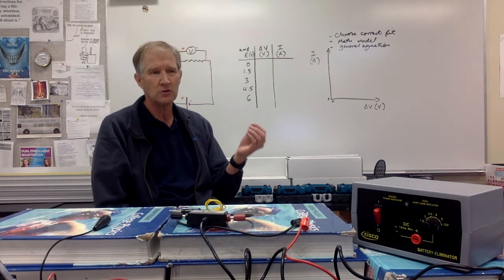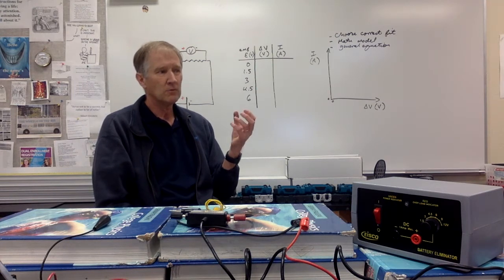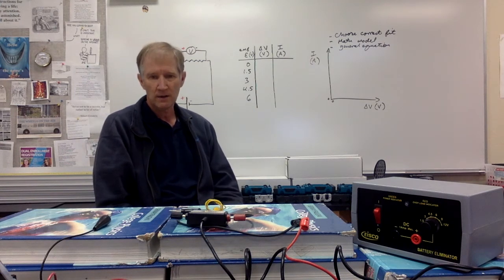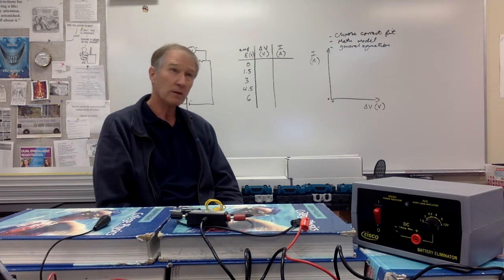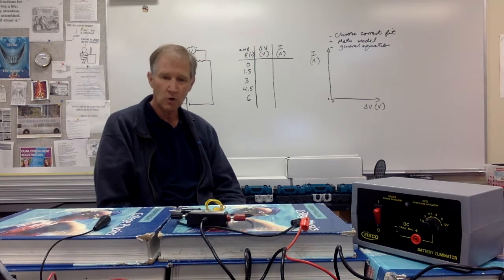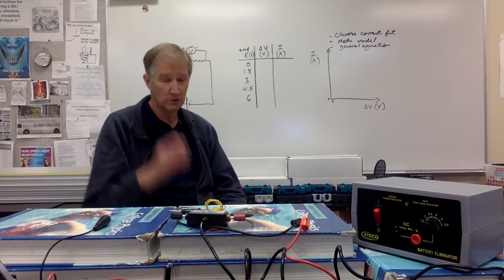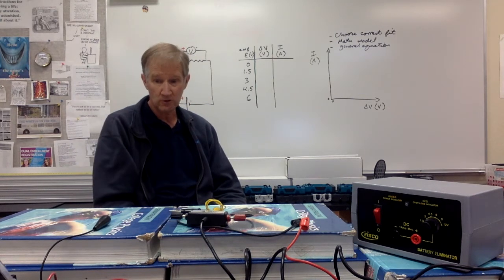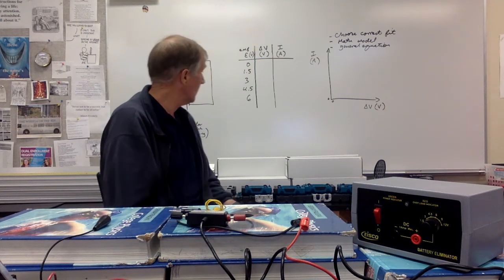This will allow us to derive Ohm's law. Ohm is spelled OHM. That's his name, George Ohm. Ohm's law is the relationship between voltage, current, and resistance in specific types of circuits.